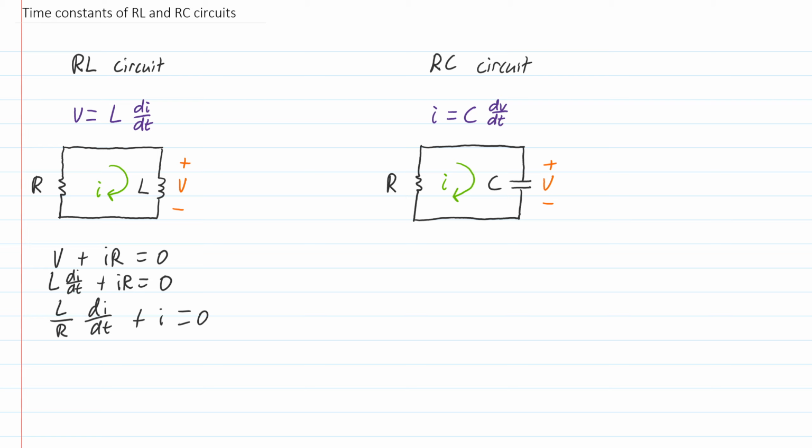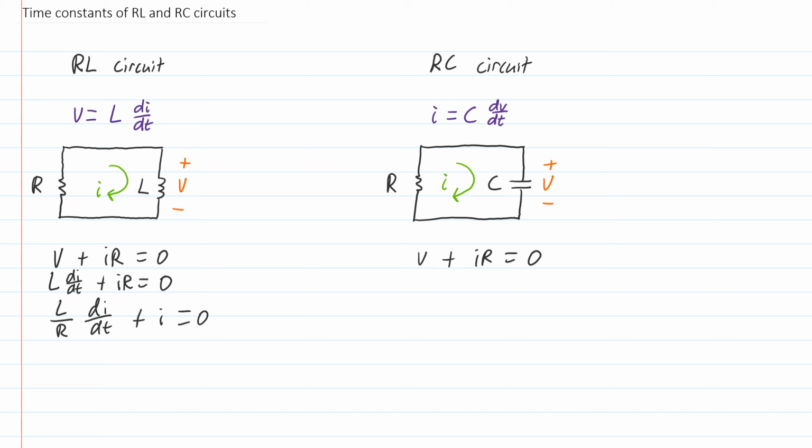Let's have a look at the similar situation for the RC circuit. Again, using KVL, I will arrive at this expression: V plus IR is equal to 0.